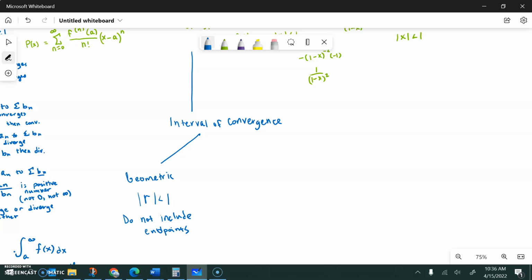as long as whatever is involved in r is less than 1. The other way we can get an interval of convergence, if it's not geometric, is we can start with the ratio test. The ratio test tells us a radius of convergence. And then after we get that radius of convergence, we solve for x so we can get an interval of convergence. But then we test the endpoints.